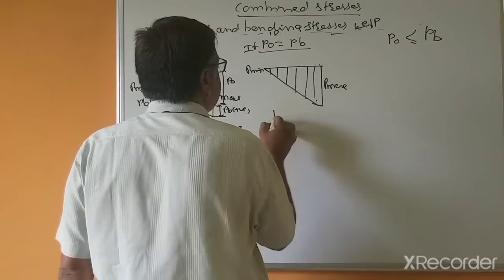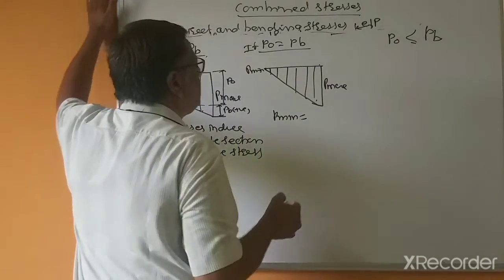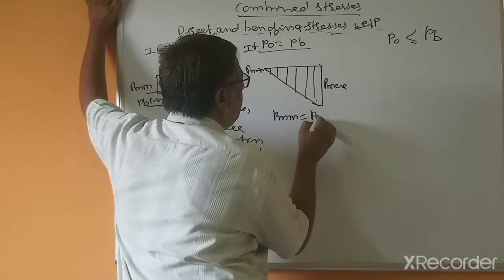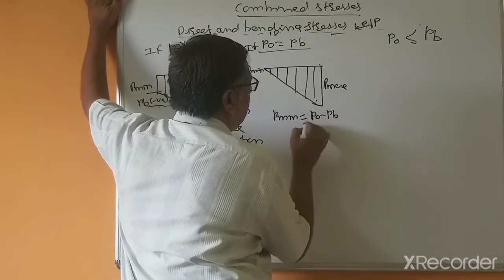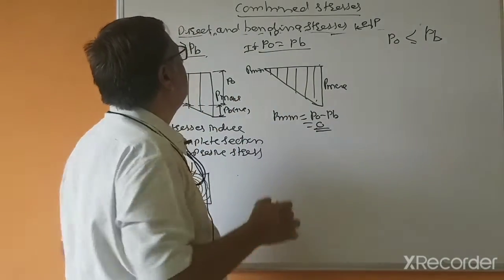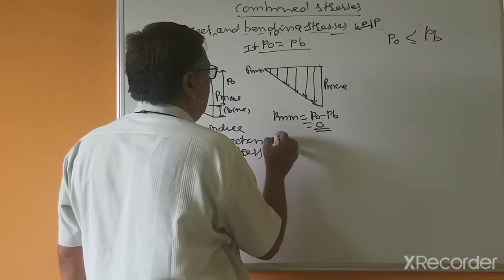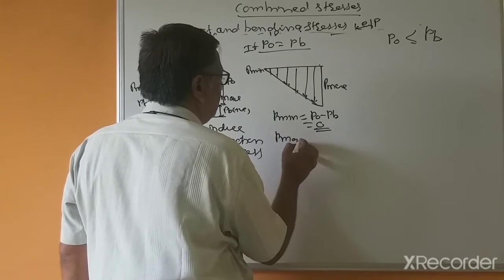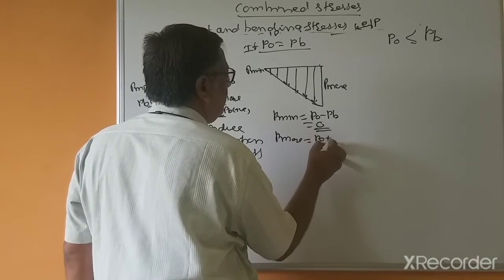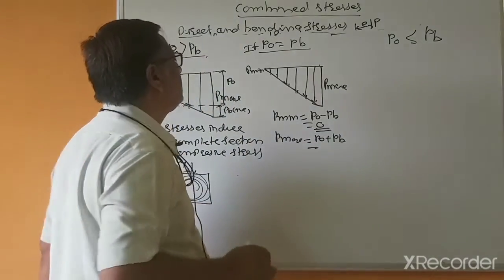So in this case, P minimum equal to, because P0 minus PB equal to 0. So that's why P minimum equal to 0 and P max equal to P0 plus PB, because this is plus minus.